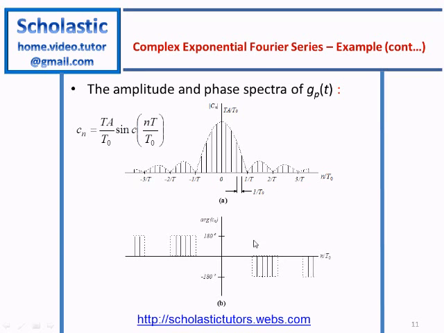In this case, the angle goes from 0 to negative 180 and 0 to positive 180. Basically, the angle is out of phase with the previous one. This will be 0 phase, this will be 180 phase, negative 180 phase. 0 is positive and negative 180. So basically, the sinc function goes to negative.